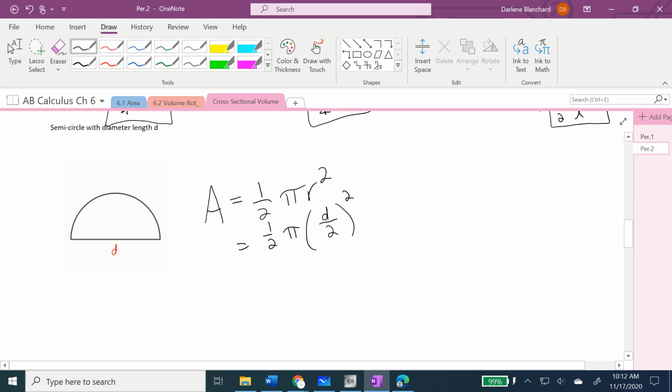So if you want, you can just throw this formula out on the plate. You've got to make sure that this diameter, that's going to be like your top y minus your bottom y, has to be divided by 2 and then squared. Or you can remember a simplified version of this.